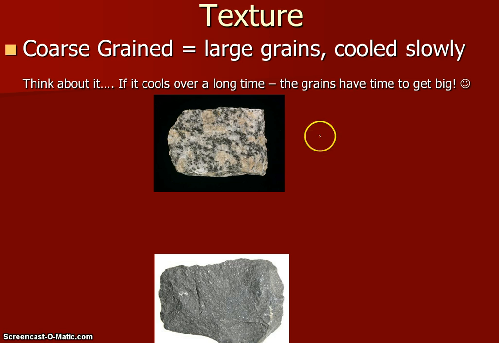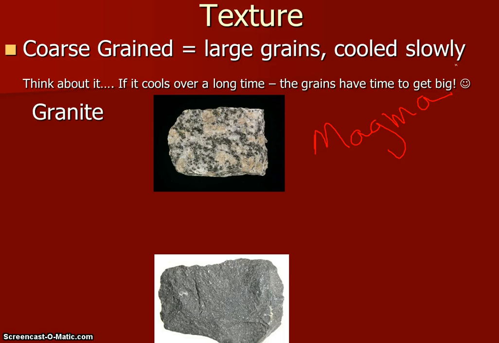And so then we know that if it's cooling slowly, where do you think it would cool? Above ground or below ground? Would it cool from magma or lava? And if it's cooling slowly, then it's cooling from magma, which is, of course, below ground.